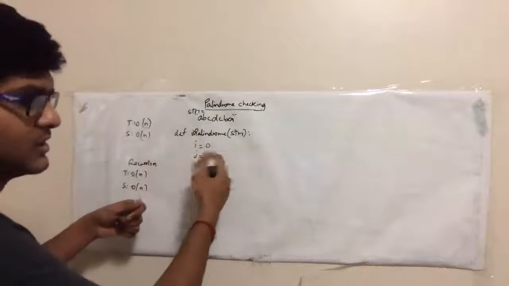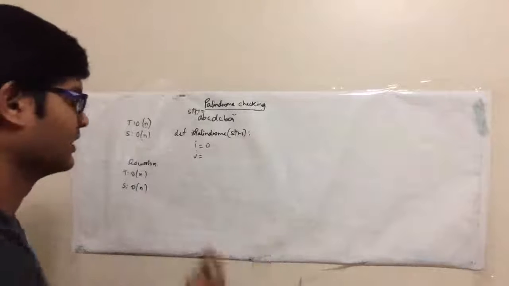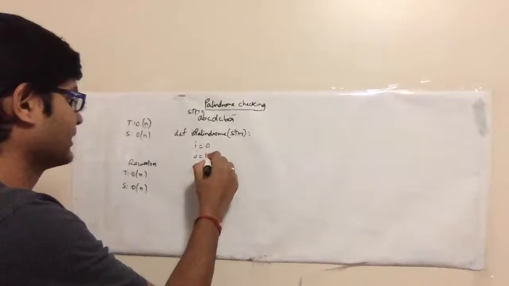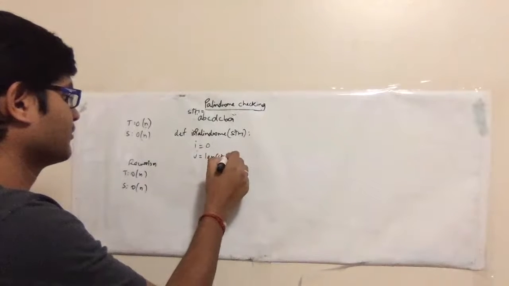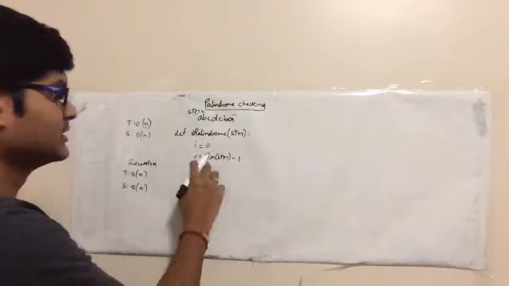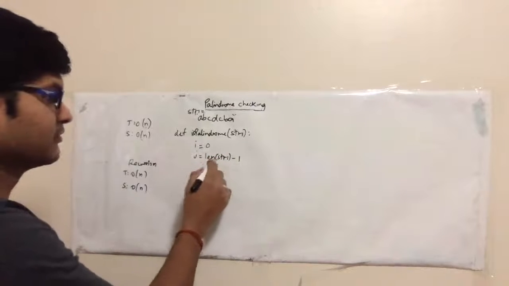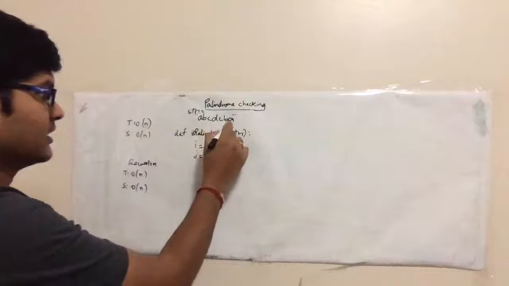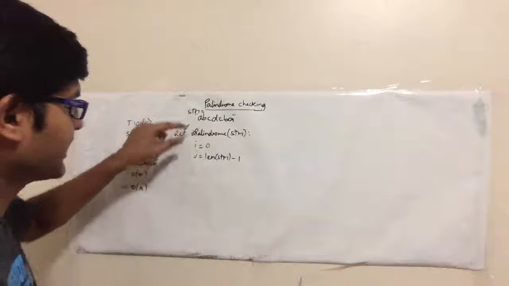I mean the first and last. So length of string 1 minus 1, that is the index of the last character of this string. Okay, so i and j characters are there.